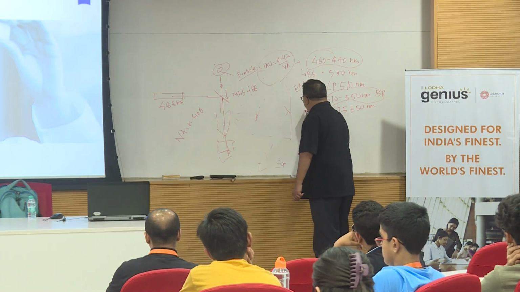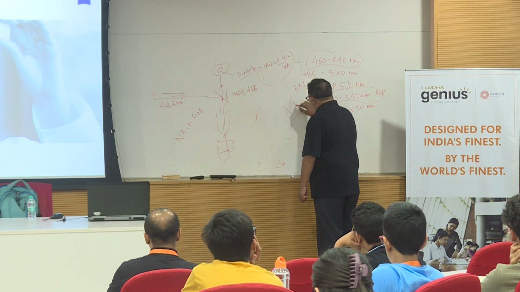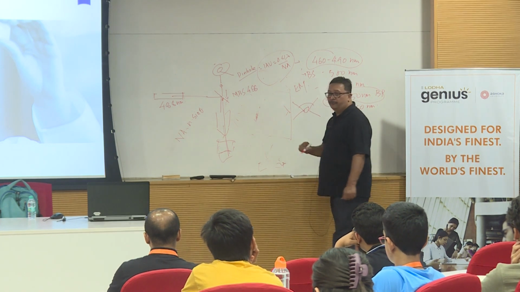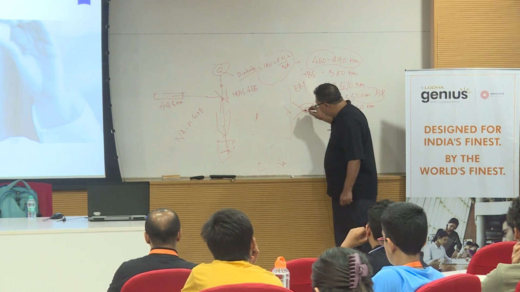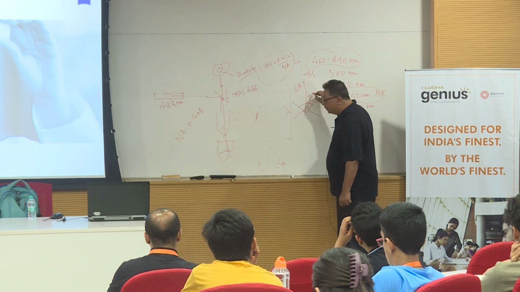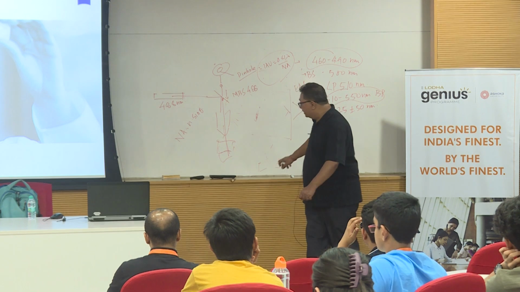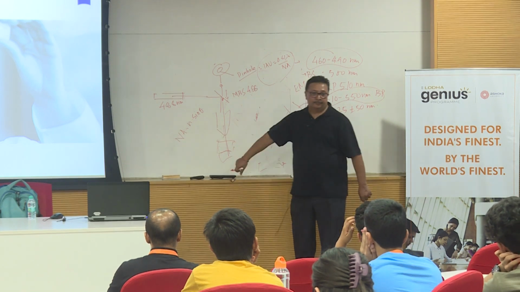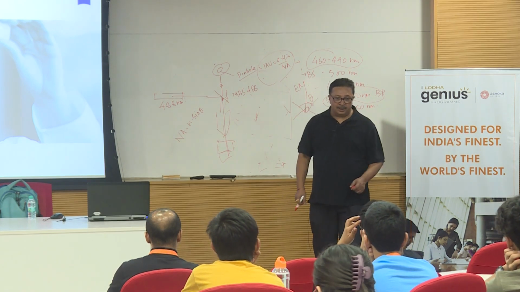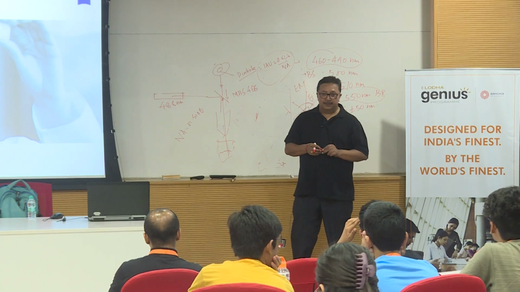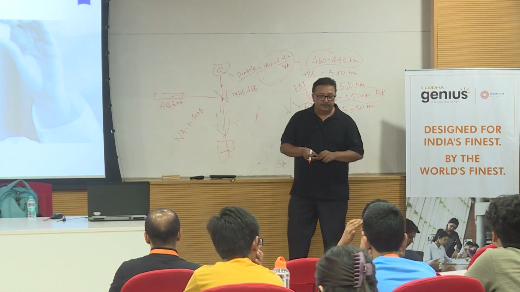So it means that every objective opening, whatever that is, this is 2 alpha or 2 theta. Half of that becomes your theta over here. Okay? So what is this N? This is the refractive index of the medium.